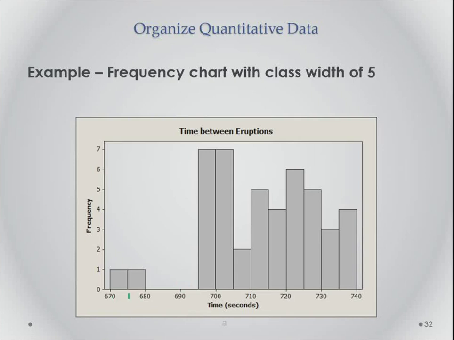We see that between 670 and 675 there's 1, and 675 to 680 there's 1. We see some evenness here, the same number between here, and we see some variation here. As when we were looking at before, we would see from 700 to 710, and these numbers kind of were the same. So you don't see this type of variation when you have the larger graph.